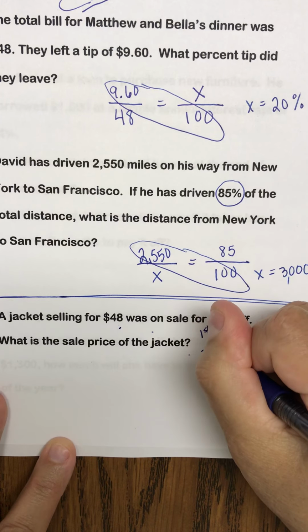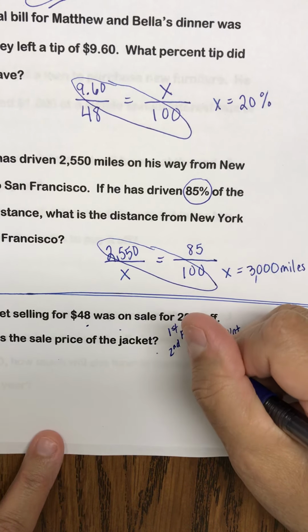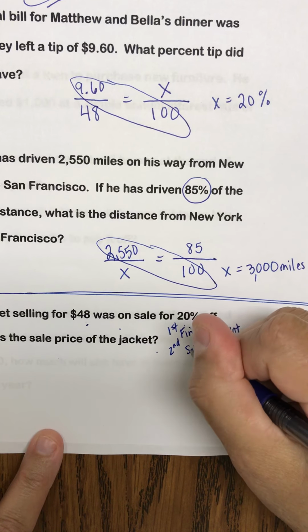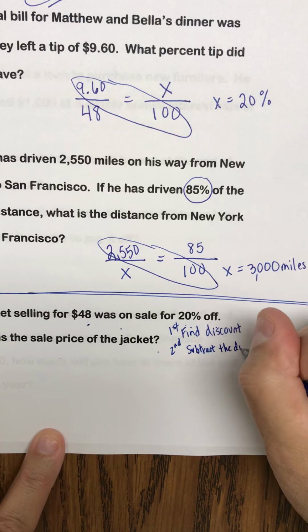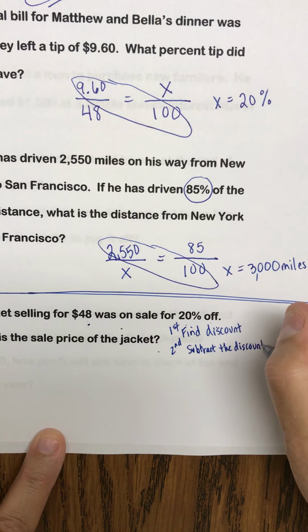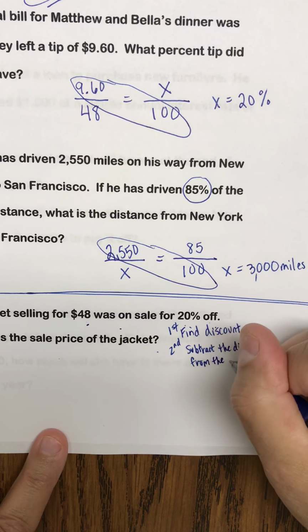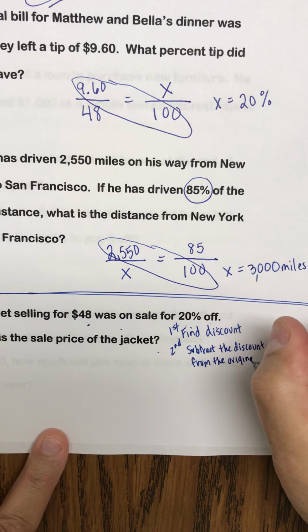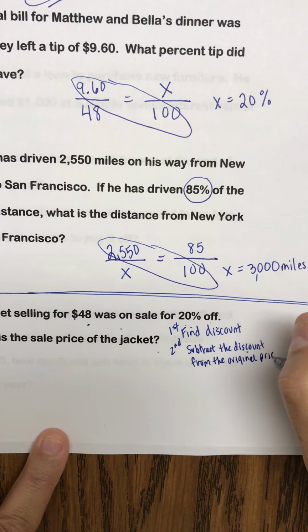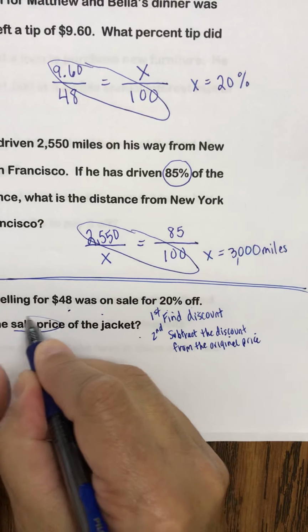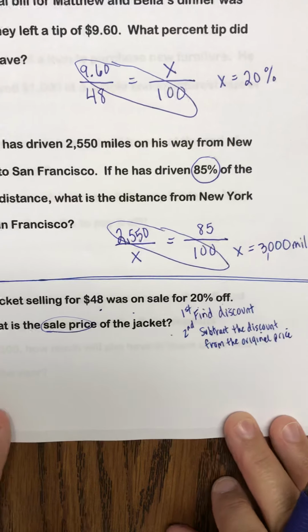And then our second step of the problem is to subtract the discount from the original price. And then that's going to give us the sale price. Okay, so this is a two-step problem.